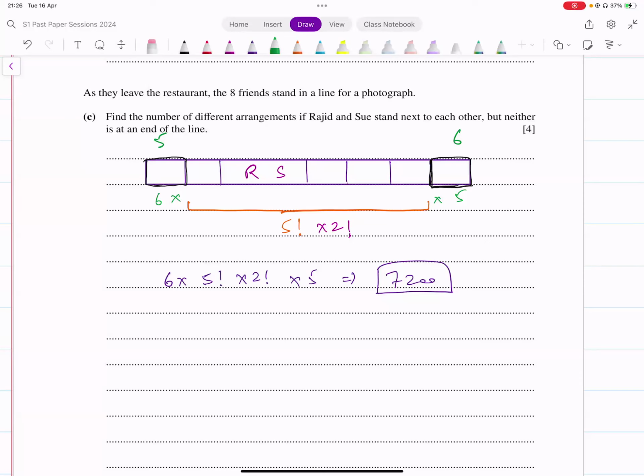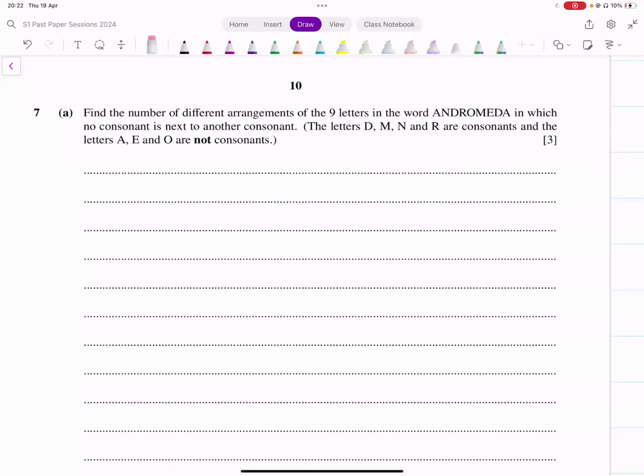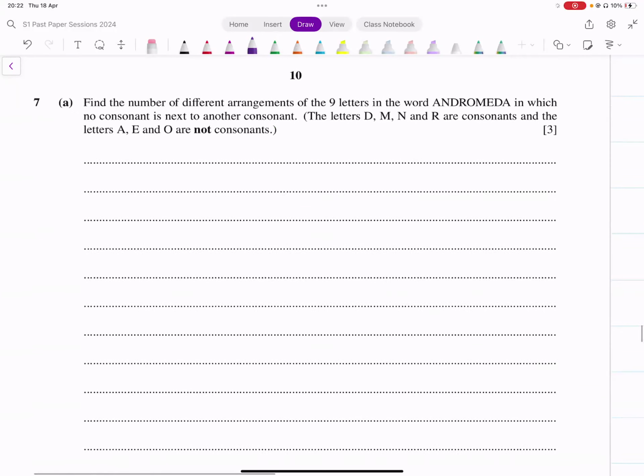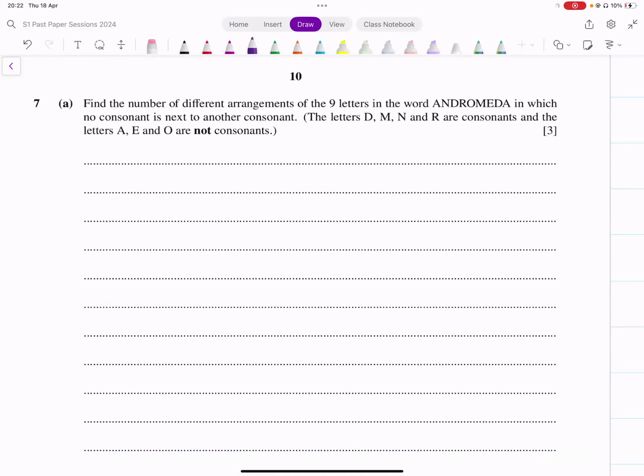You can start with any of them first. Okay. Is that okay? That's 7200, and that's our final result from the same session. Yes, Faizan, that's correct.